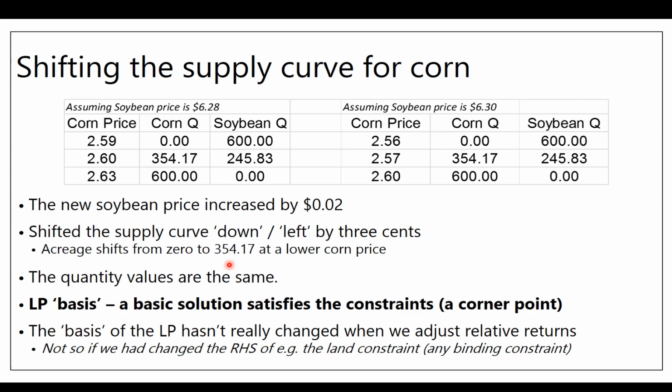And so something we haven't talked about enough in this class is that, because the model's linear, the constraints intersect, and when you have linear constraints, you end up with these corners in the quantity space, and you end up with something called the basis, okay?